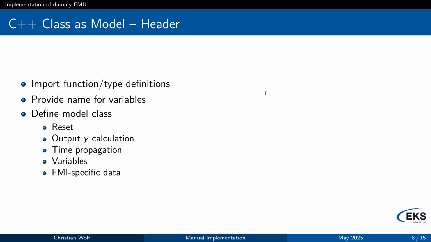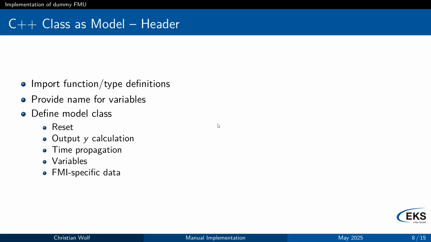Also for convenience, it's useful to define the names of the variables, depending on how you name them, and map them to these value references. So it makes sense to have a static mapping, so you can read it more easily. And we actually have to define the model class, where some variables are necessary and others can be added on as needed.